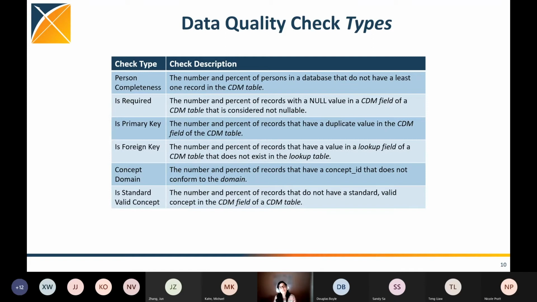But that is a very OMOP specific check. But it's important if you are working within the OMOP network or OHDSI network that we make sure that all your concept IDs actually exist and that they are standard and valid. So yes, it is CDM specific, but it is important also for OHDSI and OHDSI enabled network research.